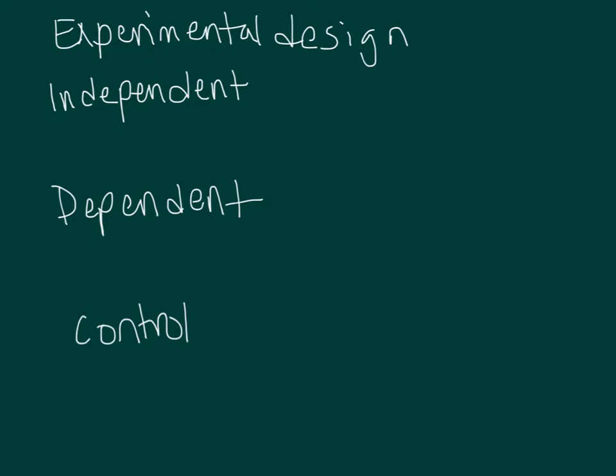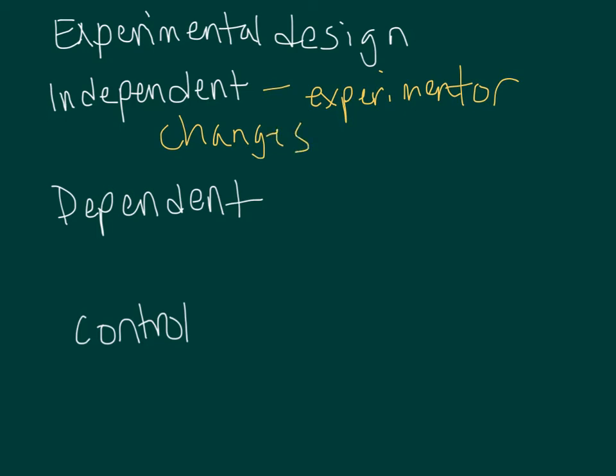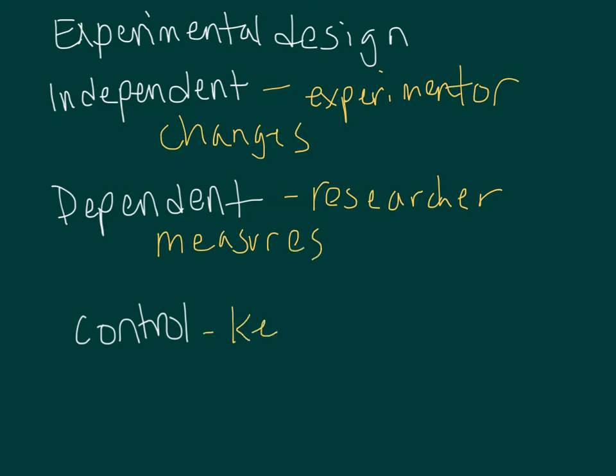Now we get to experimental design. We have just 3 kind of vocabulary words to keep in mind when you're designing an experiment. An independent variable is something that the experimenter changes, or the researcher changes. The dependent variable is the kind of thing that the researcher measures. And controls are things you keep the same. So you try to keep things the same so that they don't affect your results.